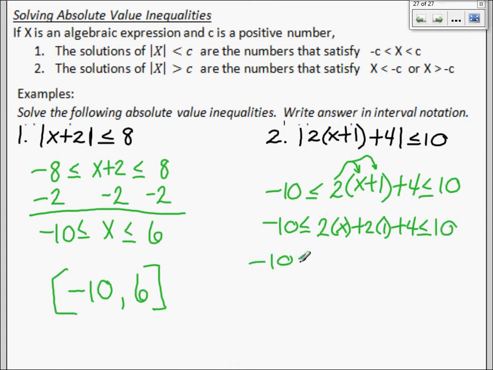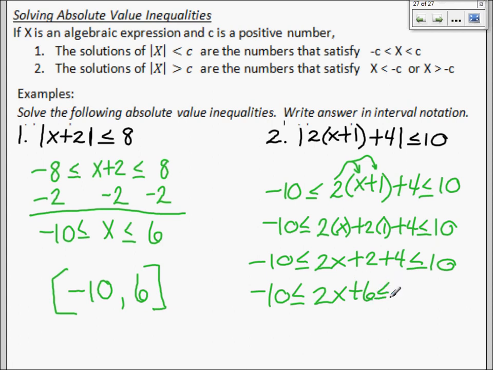Let's go through and simplify. So negative 10 is less than or equal to 2x plus 2 plus 4, less than or equal to 10. Let's simplify that stuff inside the inequality. So we have negative 10 is less than or equal to 2x plus 6, which is less than or equal to 10.